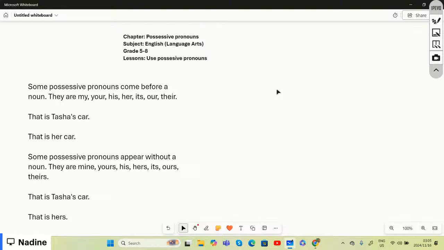So we're going to use possessive pronouns. In order for us to use possessive pronouns, we need to know what possessive pronouns are.